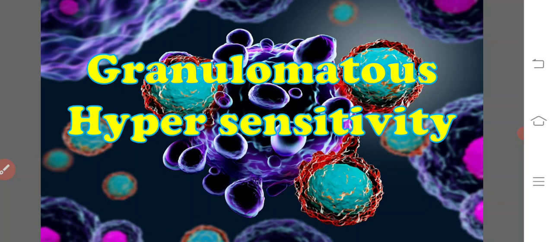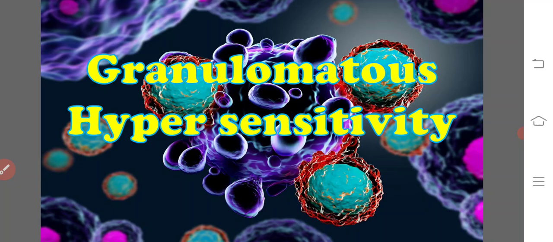A good example of this is seen in tuberculoid leprosy. Persistence of antigen leads to differentiation of macrophages to epithelioid cells and fusion to form giant cells. The whole pathological response is termed the granulomatous reaction and it results in tissue damage.